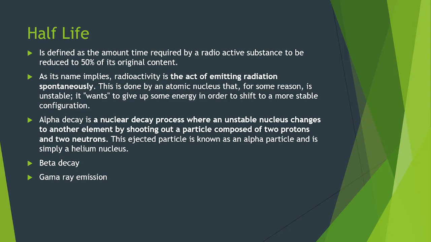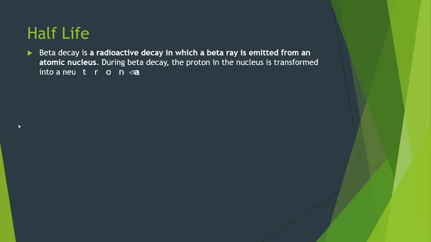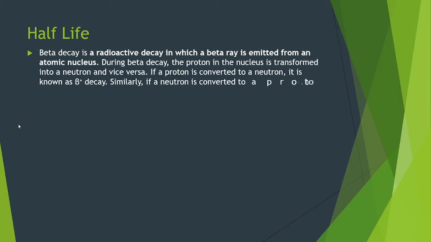So we define beta decay. Beta decay is a radioactive decay in which a beta ray is emitted from an atomic nucleus with some particles associated with it.